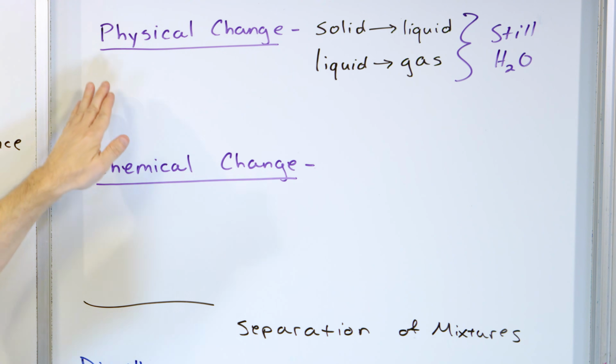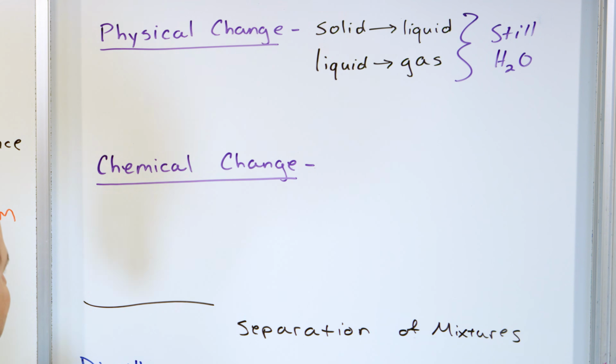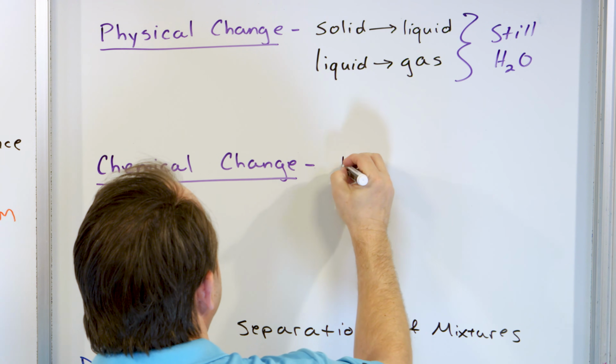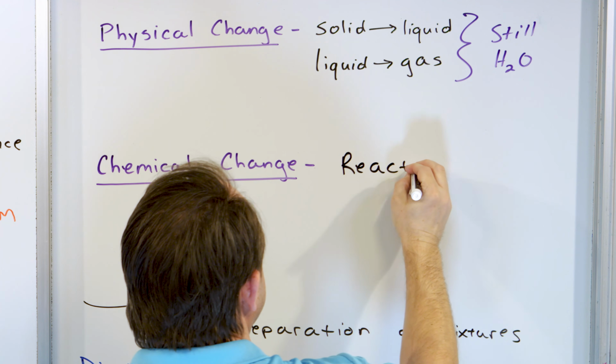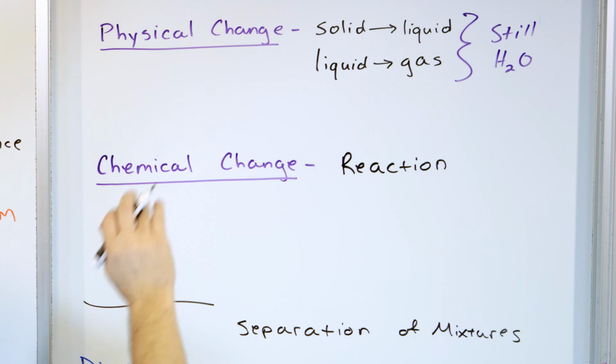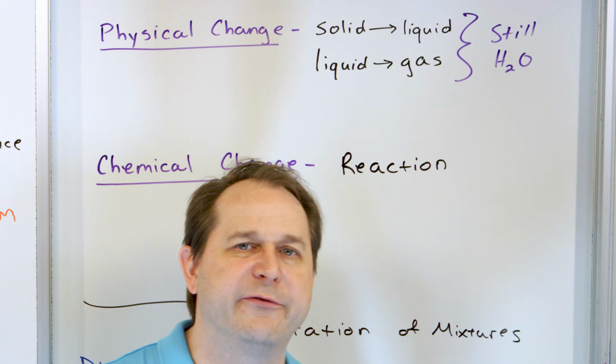So in contrast with a physical change, a chemical change, you might guess, is basically when you have some sort of chemical reaction. We're going to write down many reactions throughout this class, but I'll just give you a spoiler ahead of time.